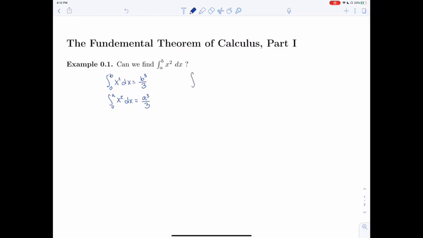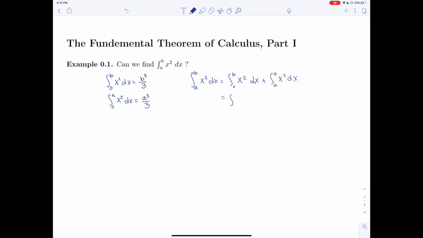And using the properties of definite integrals, we know we can rewrite this as the sum of the integral from 0 to b and a to 0.